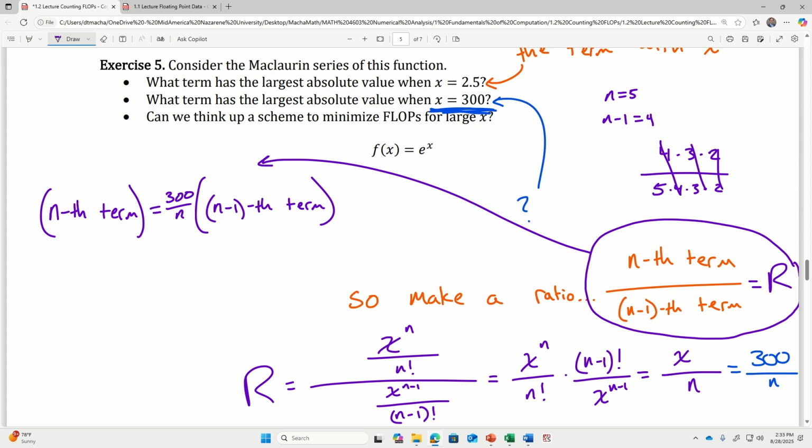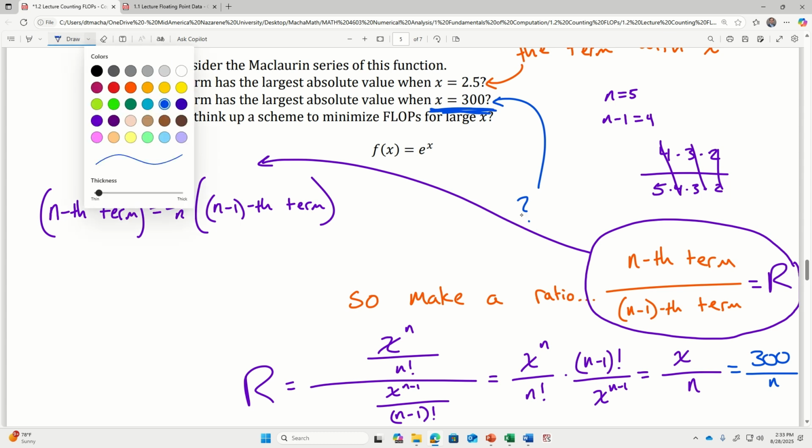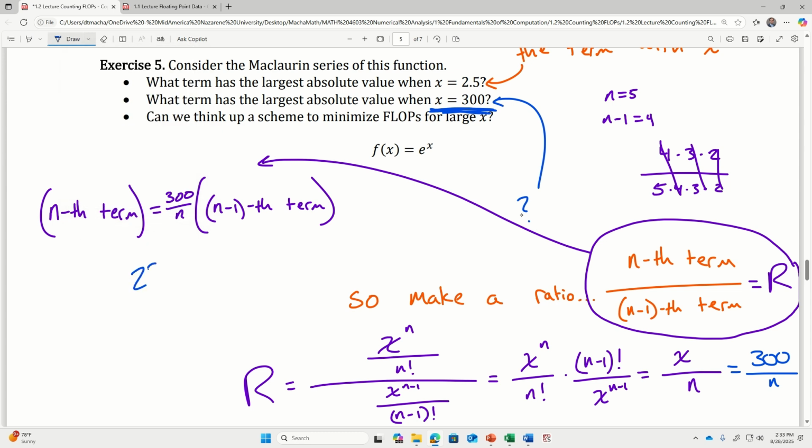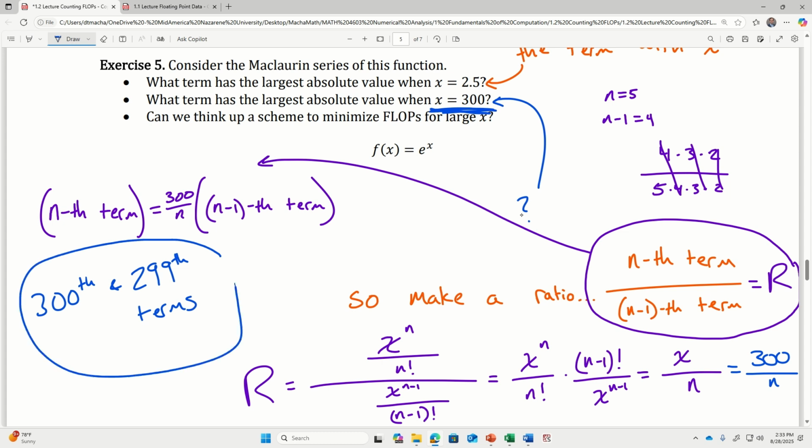And they're larger than all the other terms that came before them, and they're larger than the terms that will come after them. Those two biggest terms are actually the 299th and 300th. They are the same value and they are the largest.